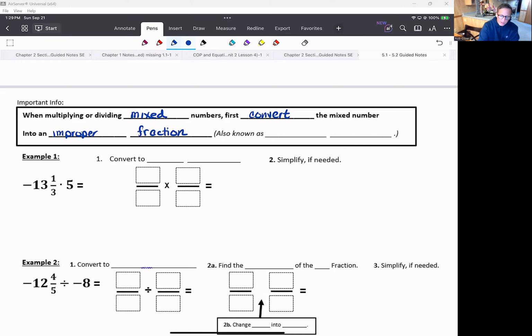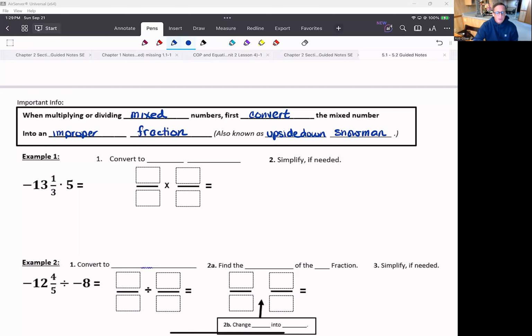Also known as, I've had people call it this, they call it upside down snowman. I don't know why. That is a very untechnical way of describing an improper fraction, but all right, whatever.